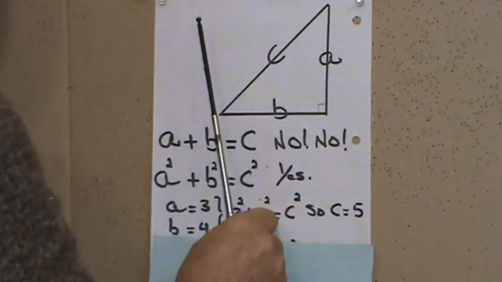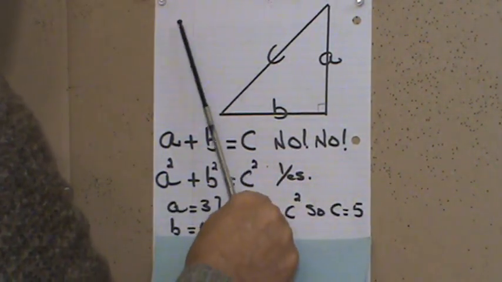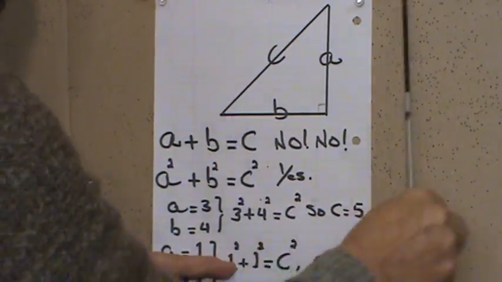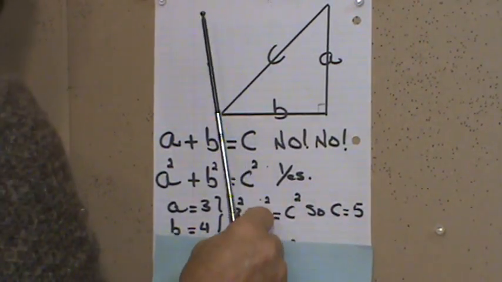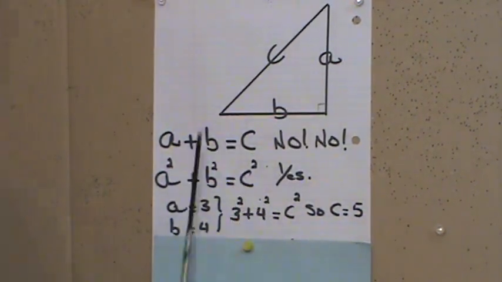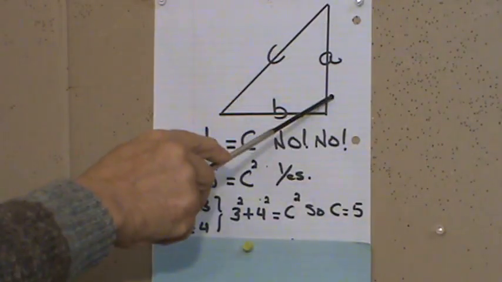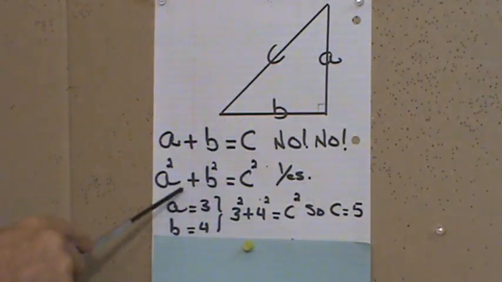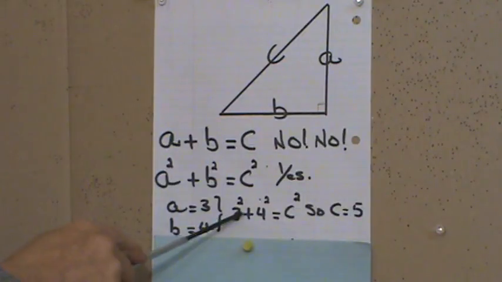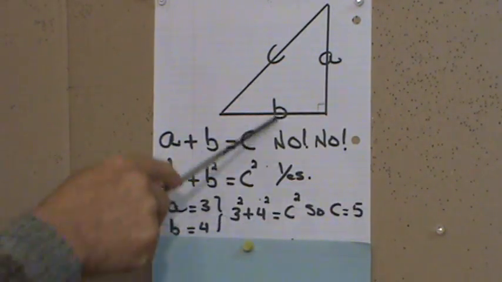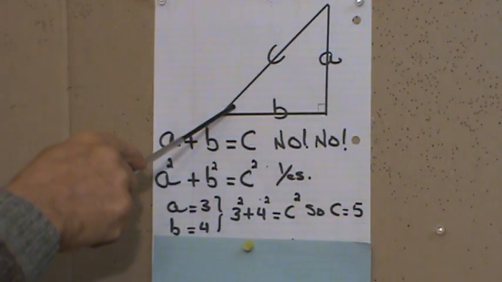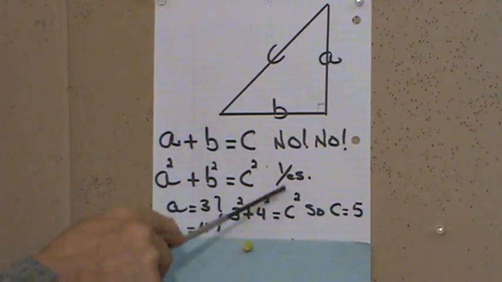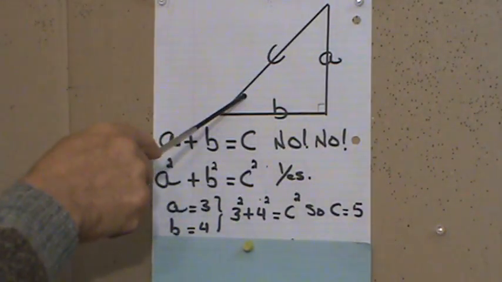Now, let's say we have a triangle where a is 3 and b is 4. Then 3 squared plus 4 squared should be equal to c squared, and this is 25.